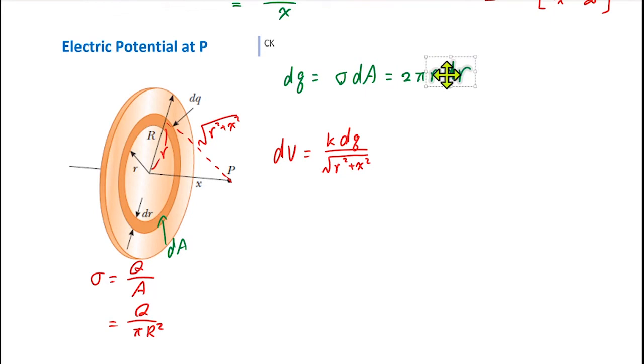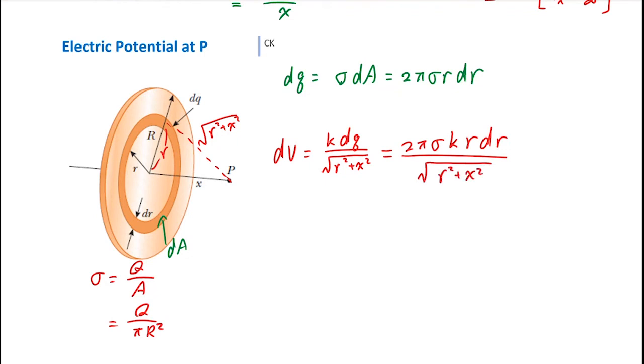Let me put sigma in between right there. Good. Are you with me? Okay. So we have 2 pi sigma k r dr over the square root of r squared plus x squared. That's my dV.